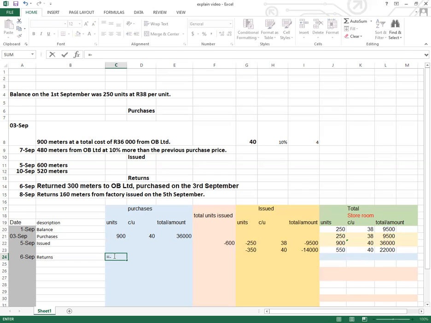We're going to return how many units? 300 units. On the 3rd of September, remember, we purchased 900 units at how much? At 40 Rand.